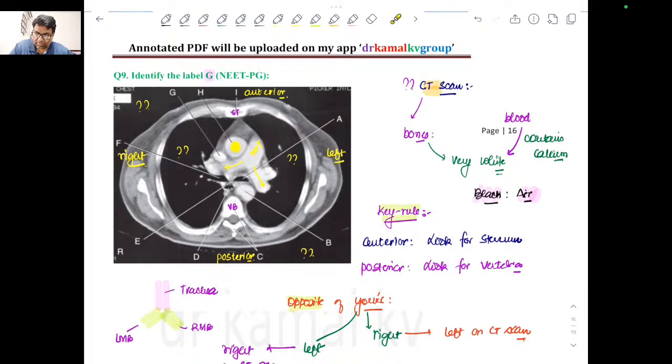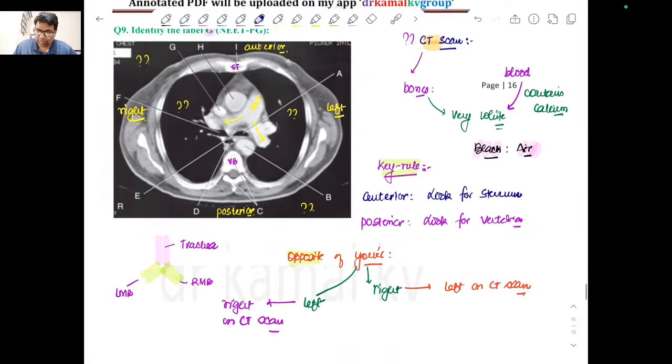Anterior to this is the ascending aorta, and posterior to this is the descending aorta. This one is the superior vena cava. Clear? This is how you need to identify the structures. Very easy and very important, it has been asked many times.